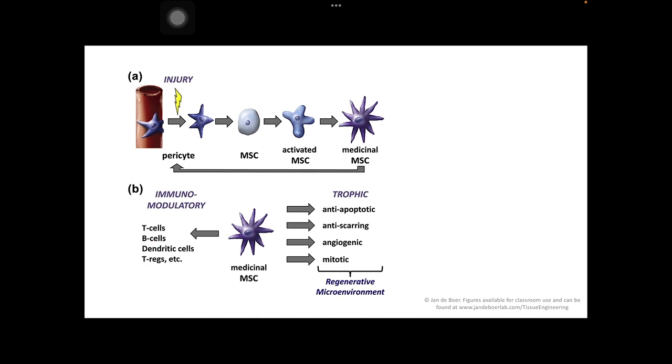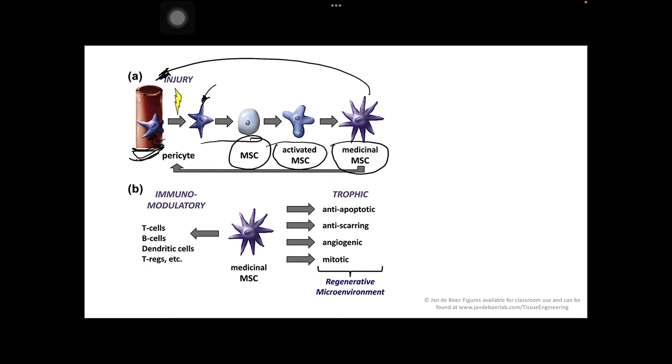When we talk about the constitutive potential, a pericyte, which, as I said, is attached to the outside layer of the blood vessel inside of the bone, as a terminally differentiated cell, will be able to go back to the mesenchymal stem cell state, get activated, and become a medicinal mesenchymal stem cell, which has the potential to, if there's correction of the fracture, go back to become the original state, which is the pericyte.